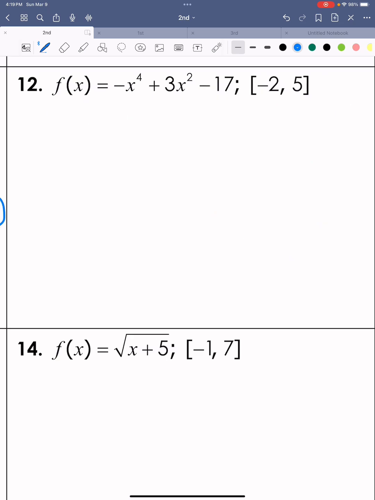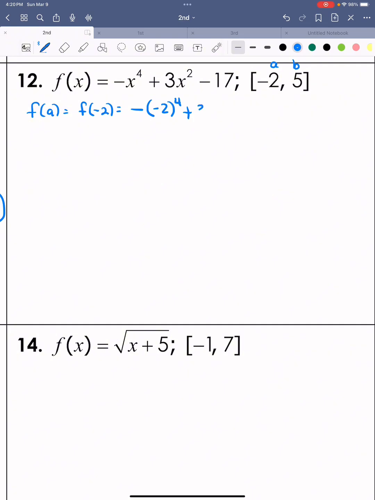Okay, number 12, label A and B. First, let's find f of A, which means find f of negative 2. So we're going to fill in carefully. Negative 2 to the fourth plus 3 times negative 2 squared minus 17.